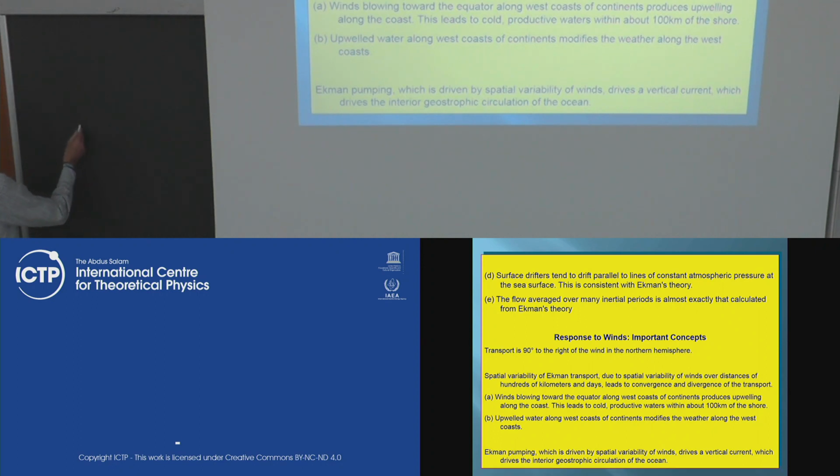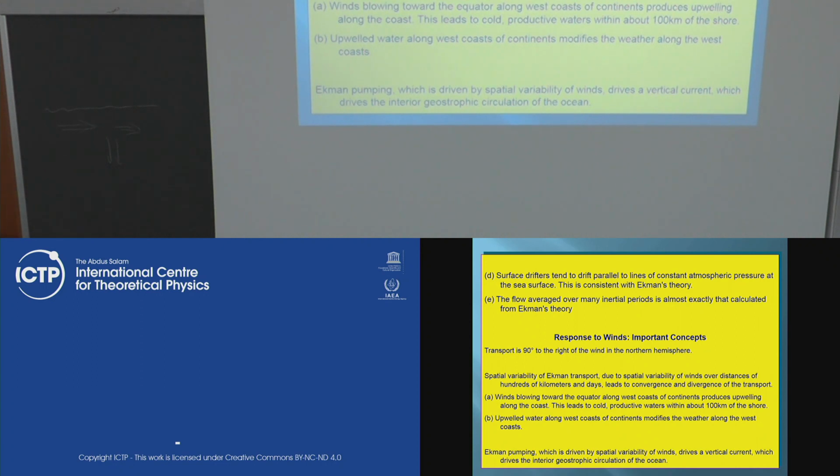So if we have the wind Ekman transport like this one here, in this area here we have the convergence. This is the sea surface. By having the convergence, there is the pumping of the water from the surface into the deeper layers.